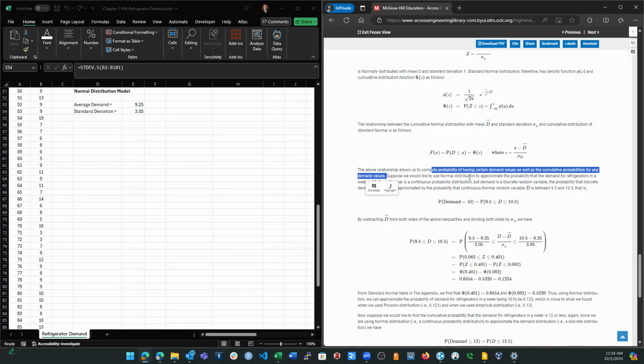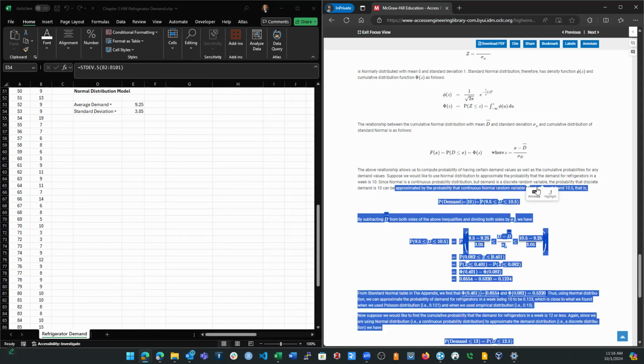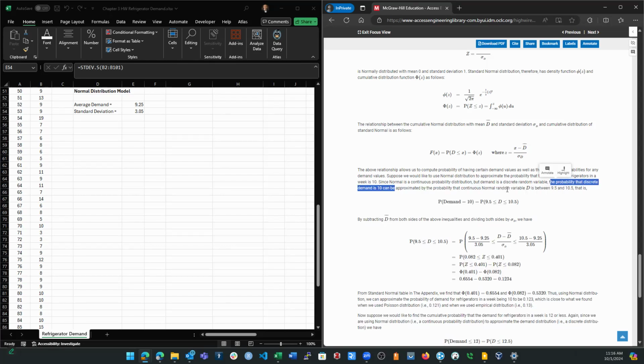Suppose we'd like to use the normal distribution to approximate the probability that the demand for refrigerators in a week is 10. Because normal is a continuous probability distribution, but demand is a discrete random variable, the probability that discrete demand is 10 can be approximated by the probability that continuous random variable D is between 9.5 and 10.5.